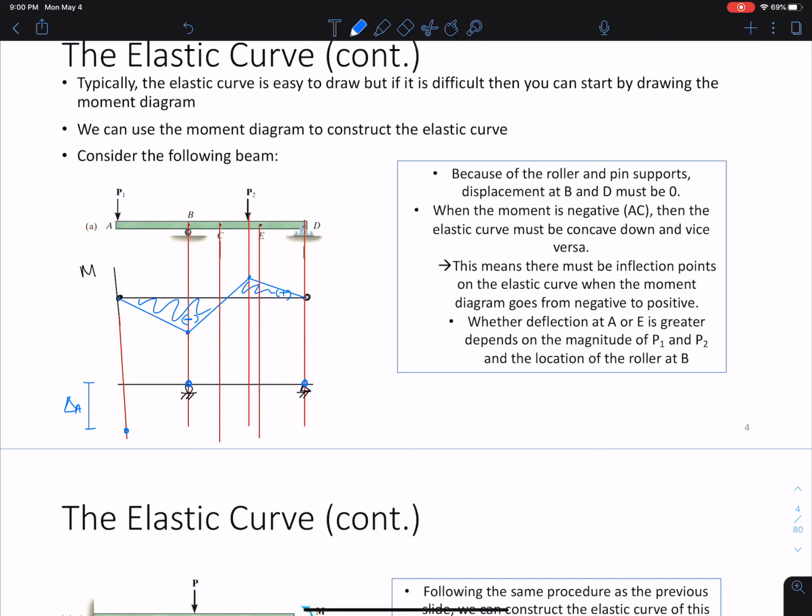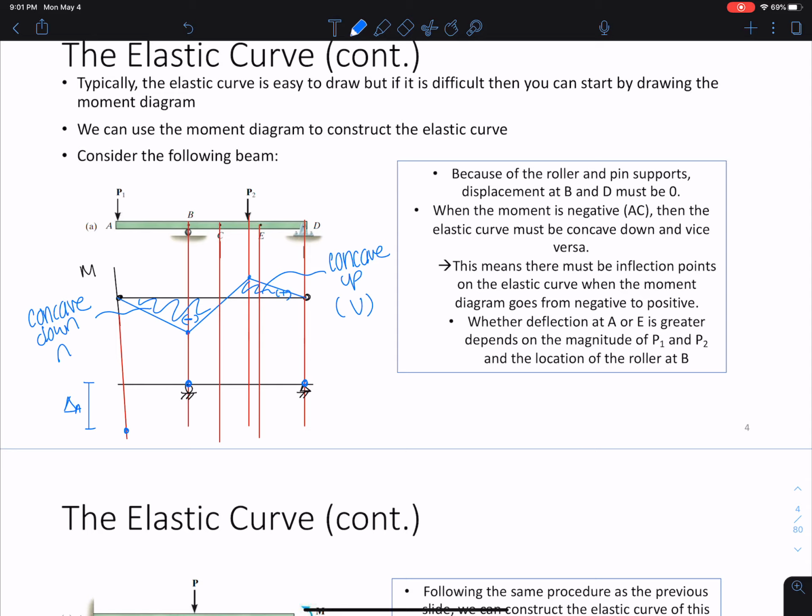Okay, and the other thing that we know is whenever our moment diagram is negative, that means our elastic curve is concave down, which is like a frown, and whenever it's positive, that means that our elastic curve is concave up, like a happy face or a cup. Okay, U up and then down like a frown.